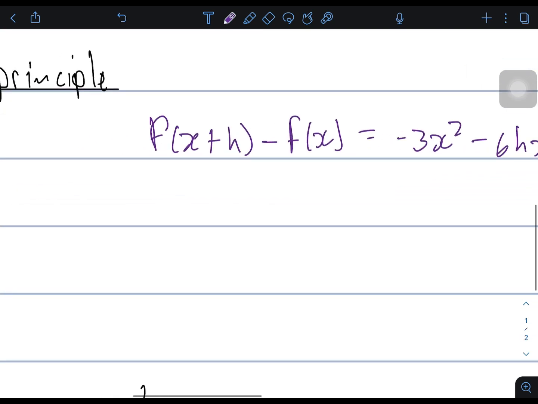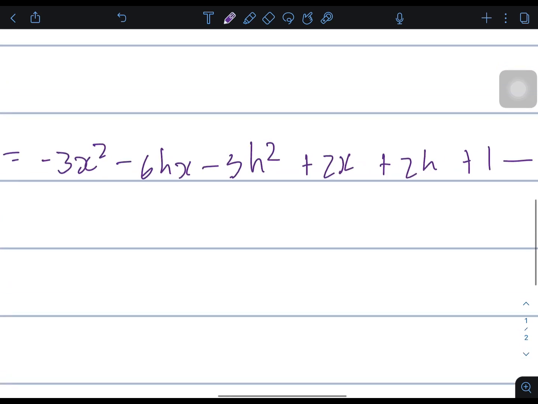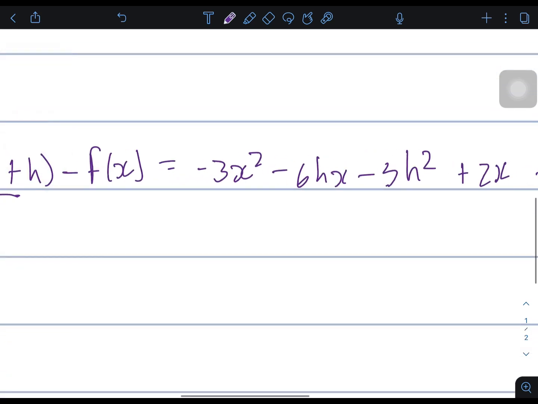Then after substituting this, we have minus f of x.